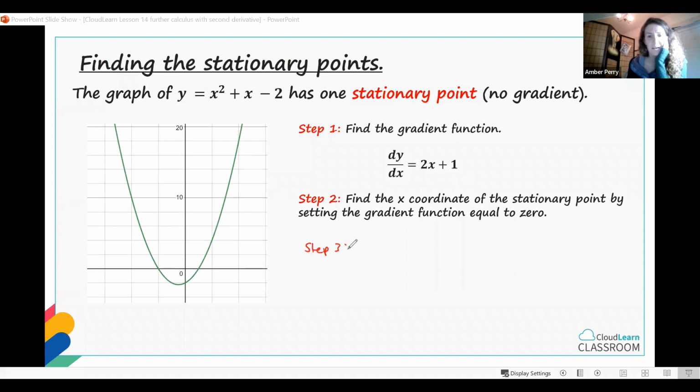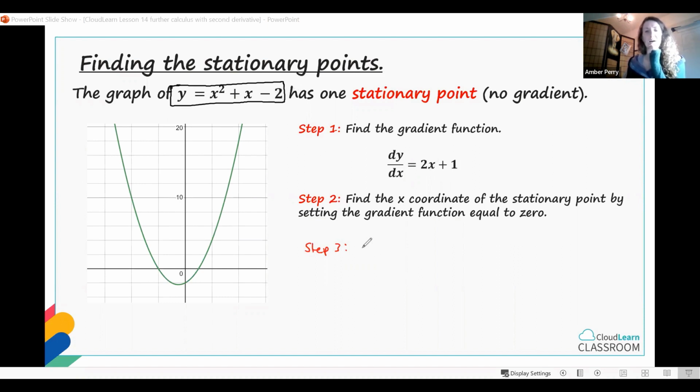The reason why is because you cannot find the y coordinate from this, because this is actually telling us the gradient. It's not telling us the coordinates of the graph. The coordinates of the graph are given by the original equation of the graph, okay? So if we want to find the y coordinate and we know the x coordinate, we have to go back to the original equation of the graph to find it.